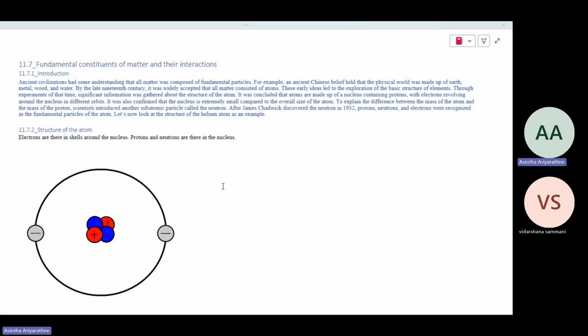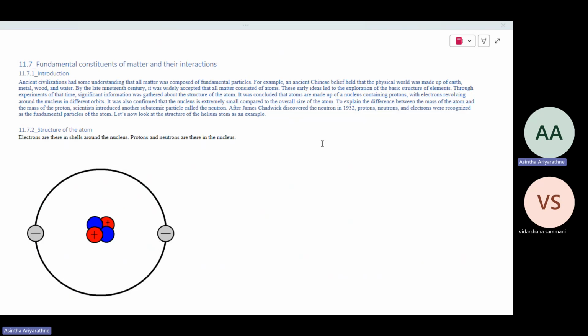In earlier times, the Chinese people believed that this physical world was made of earth, metal, wood, and water. They thought that all things, living and non-living, are made of a combination of these elements.